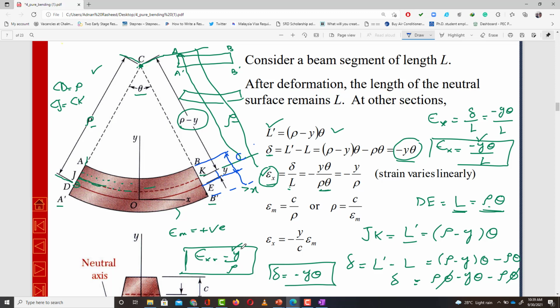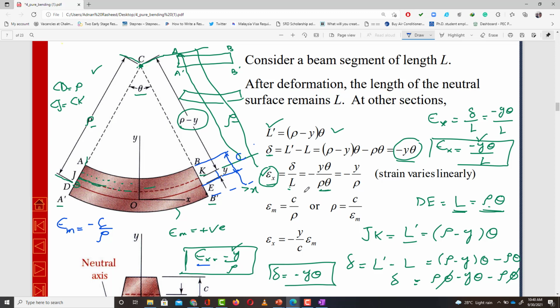So C is maximum if I replace y with C. So epsilon x will be equal to epsilon m, meaning maximum strain. So maximum strain is equal to, replace this y with c, so that will be equal to c over rho. This is for the upper portion. For the lower portion, that will be equal to C over rho.